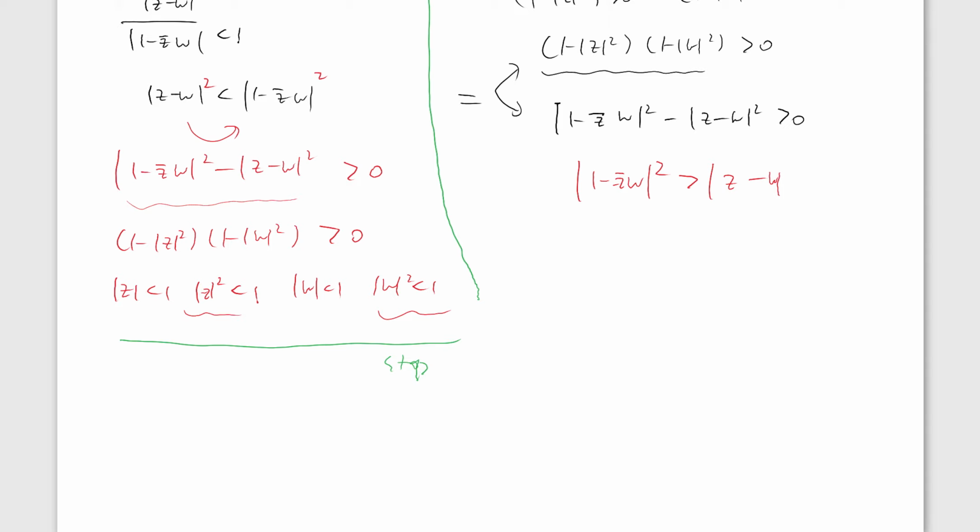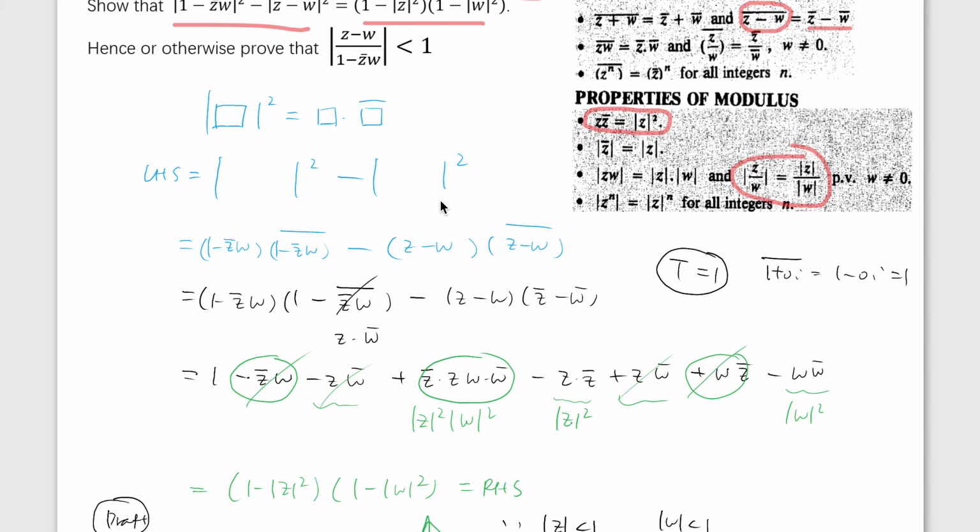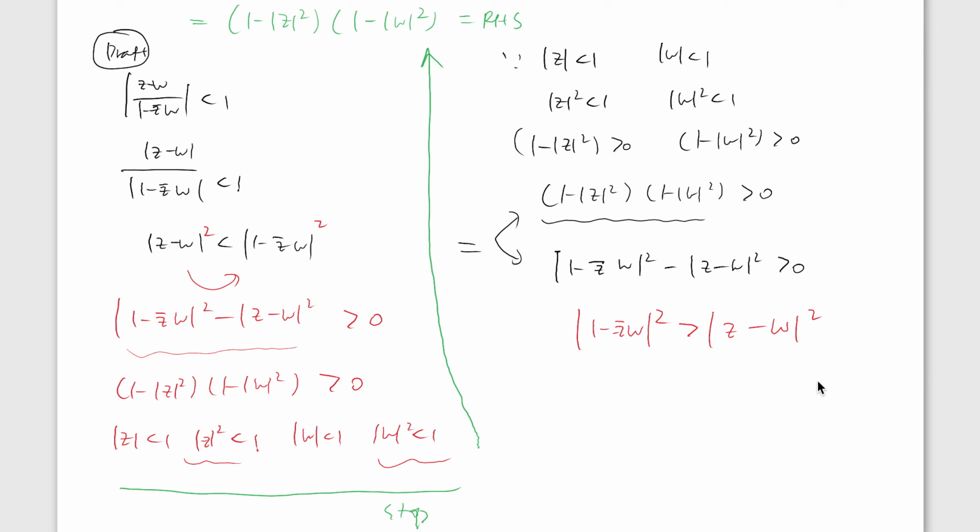Now you just need to look at what you're trying to prove before you start the next line. The question asks you to prove |z - w| over |1 - z conjugate w|, so we need to make sure z minus w is on the numerator and 1 minus z conjugate w is on the denominator. So divide both sides by the left hand side.